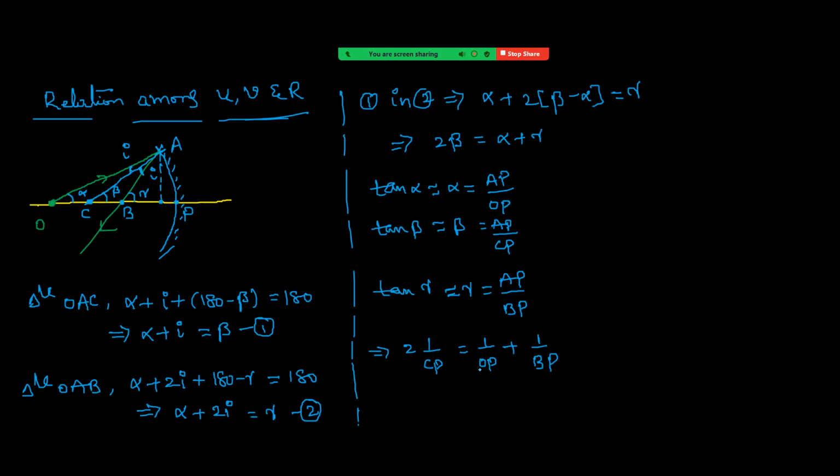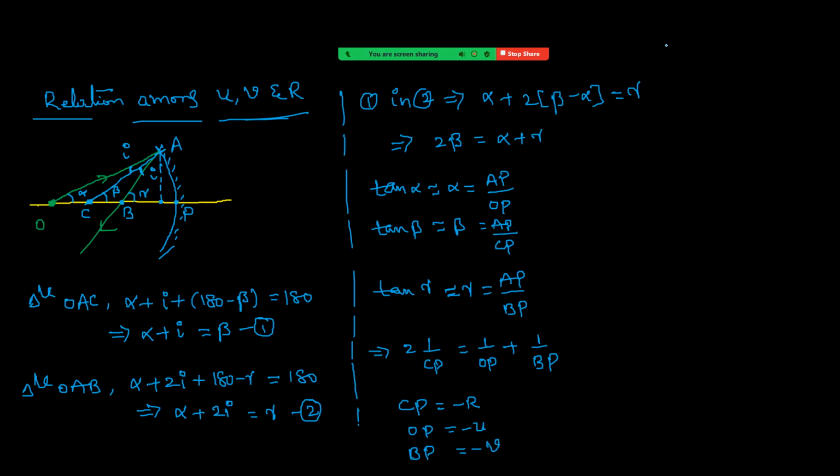OP, distance of object, again a distance, that must be positive. BP, distance of image, should be positive. So here CP equal to minus R, OP means minus u, and BP equal to minus v.